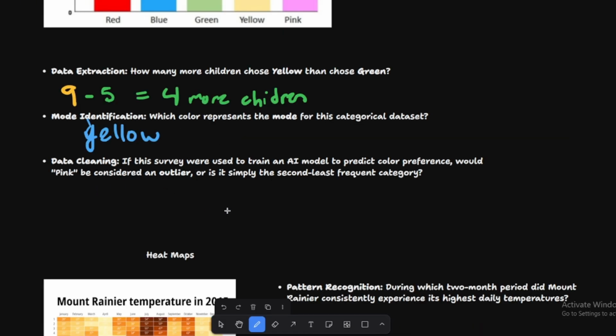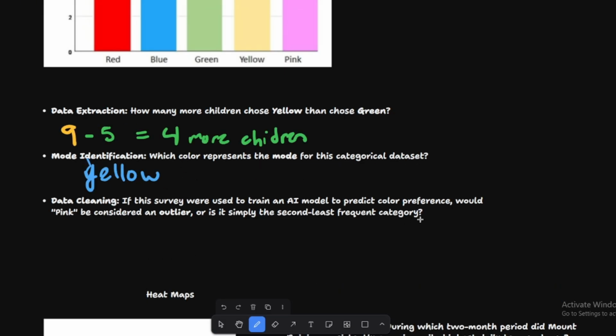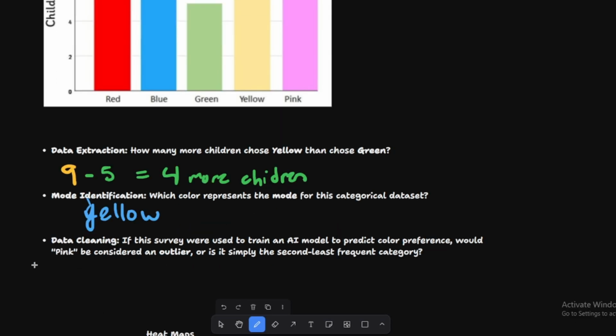If this survey were used to train an AI model to predict color preference, would pink be considered an outlier, or is it simply the second least frequent category? An outlier, especially in terms of categorical data, is pretty much a frequency or number of children that makes absolutely no sense.